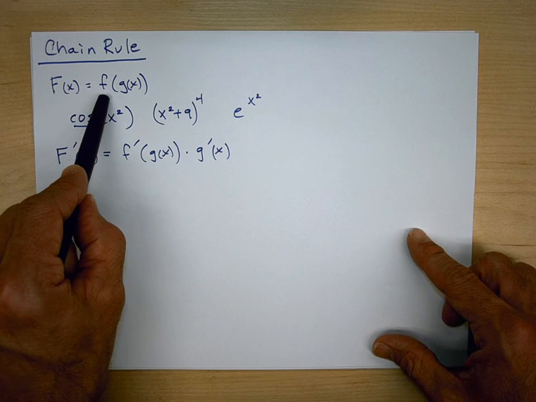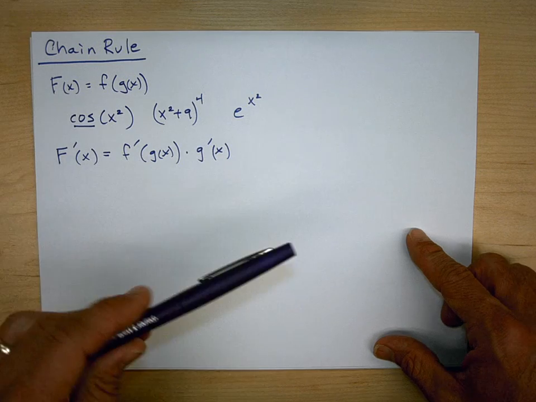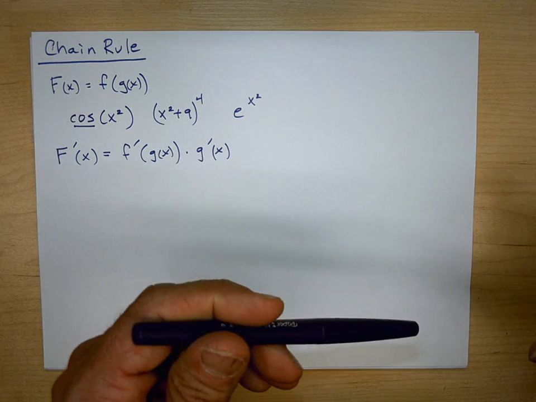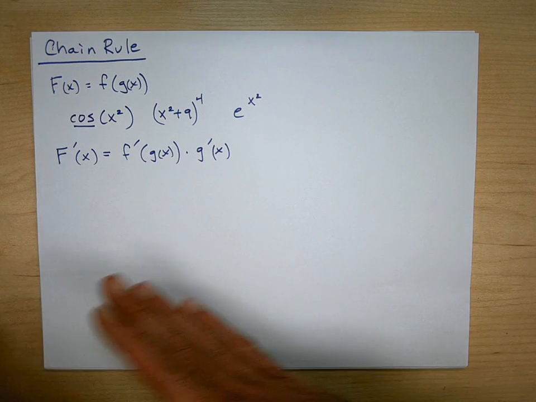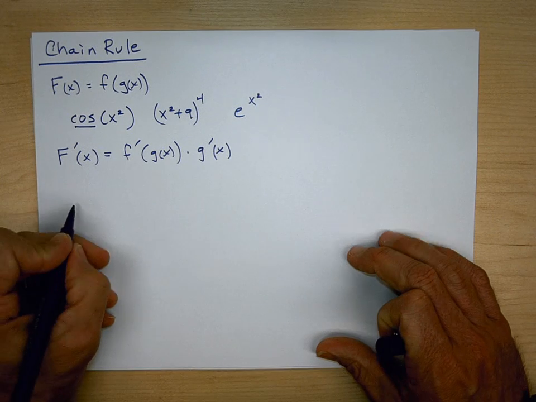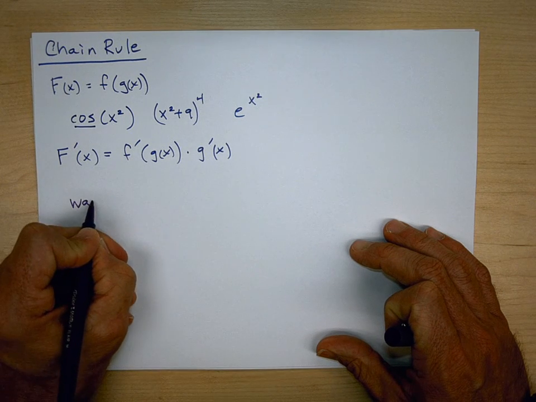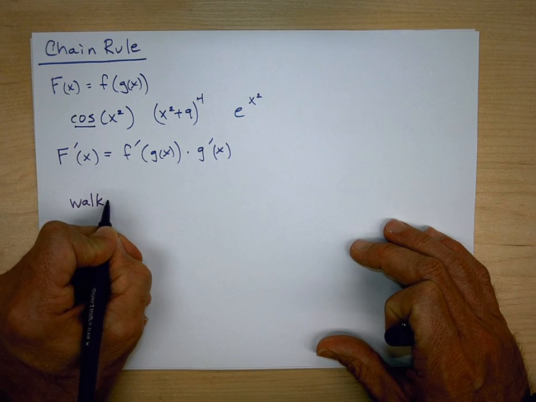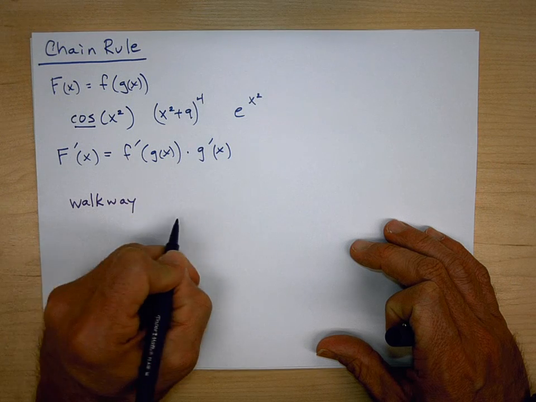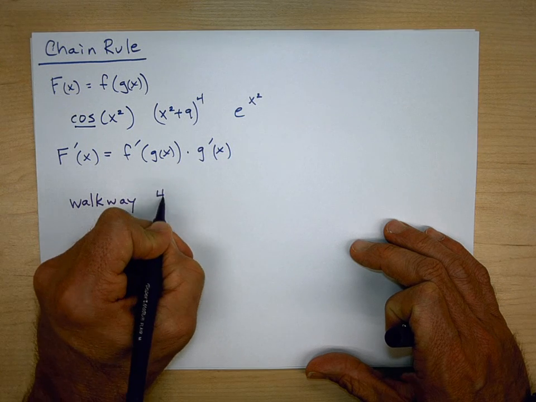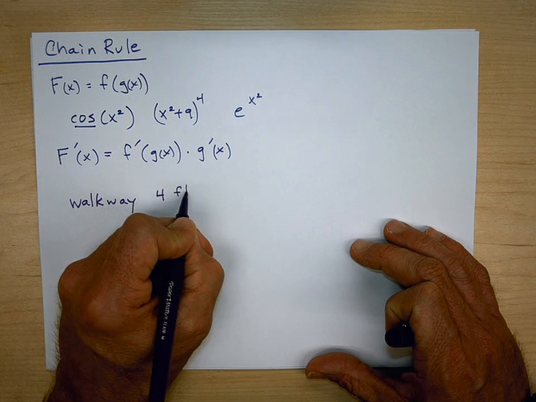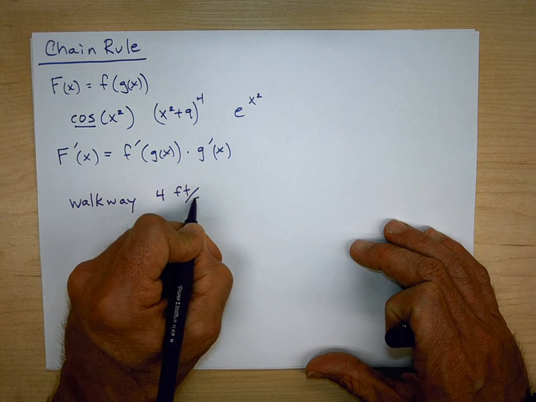You could think of the outside function as being the walkway and the rate at which the walkway is moving. So we might say that this moving walkway is moving at a rate of, let's say, 4 feet per second.